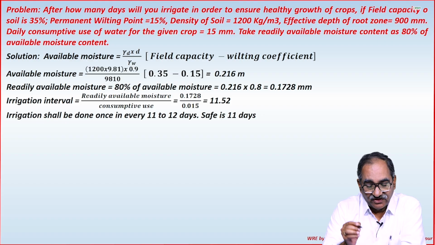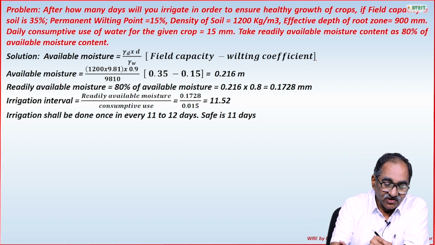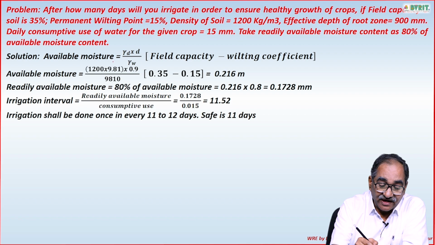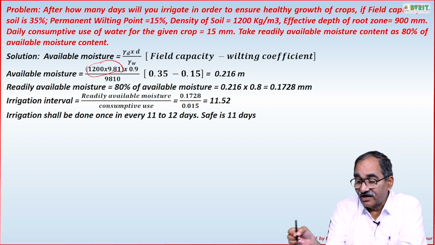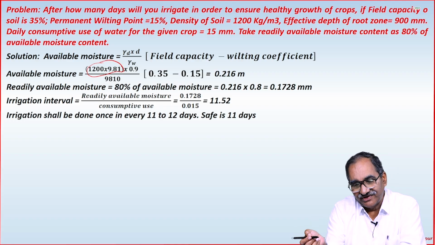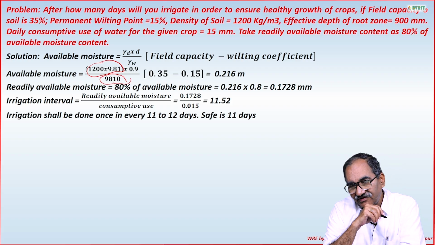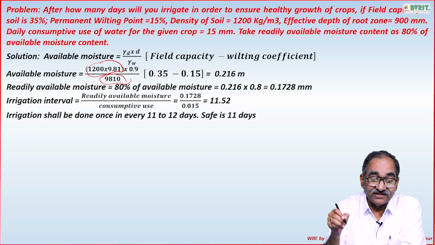Available moisture is equal to gamma D by gamma W into D into field capacity minus wilting coefficient. So what is the available moisture? 1200 into 9.81. Why have I put 9.81? The 1200 kg per meter cube he has given, I want to convert into Newton per meter cube. So I converted it, and this is the unit weight of water. So gamma D by gamma W. And what is this 90?